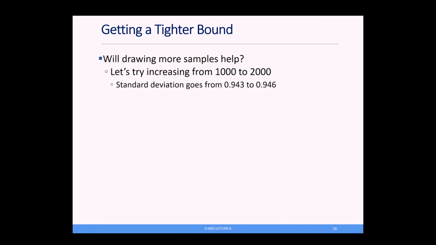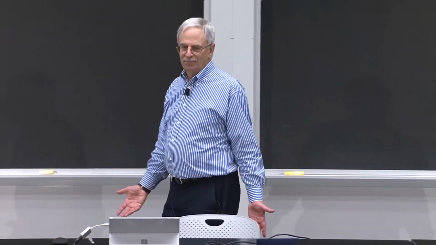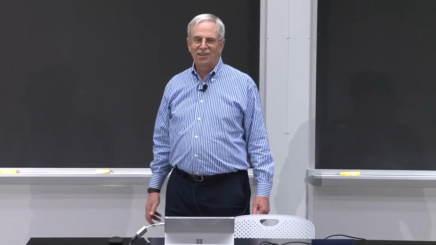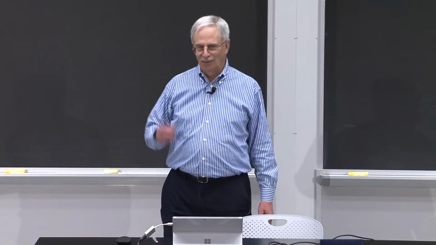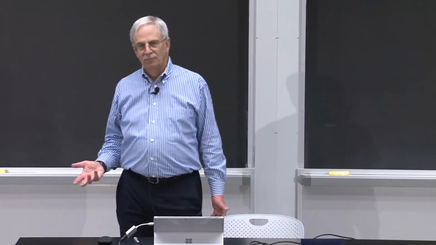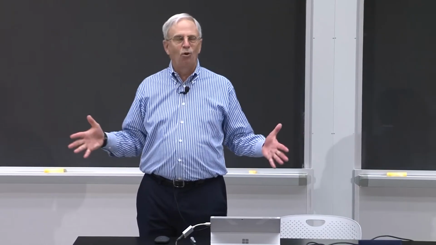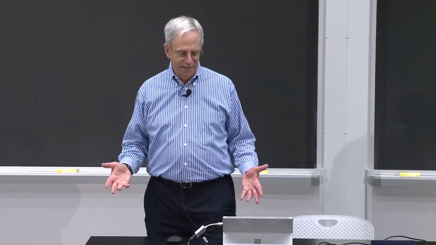And lo and behold, the standard deviation barely budges. Got a little bit bigger as it happens, but that's kind of an accident. It just more or less doesn't change. And it won't change if I go to 3,000 or 4,000 or 5,000. It'll wiggle around, but it won't help much. So what we can see is doing it more often is not going to help.